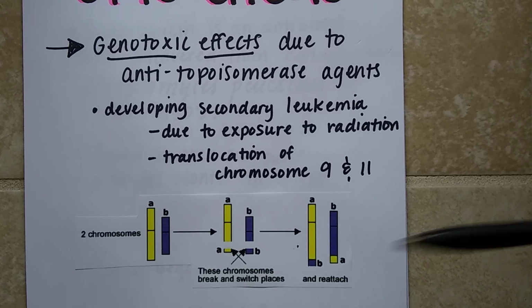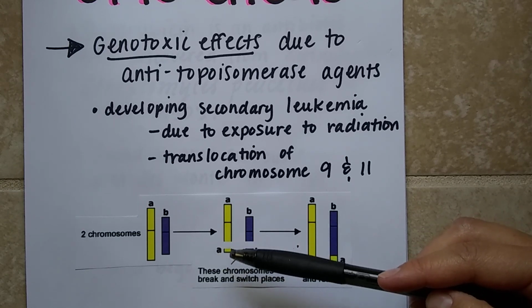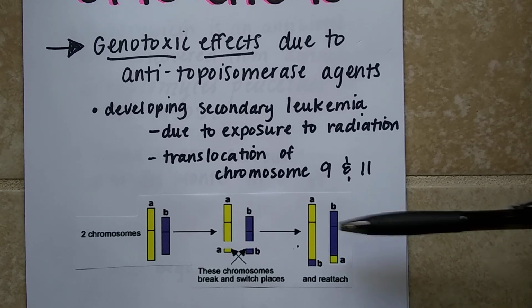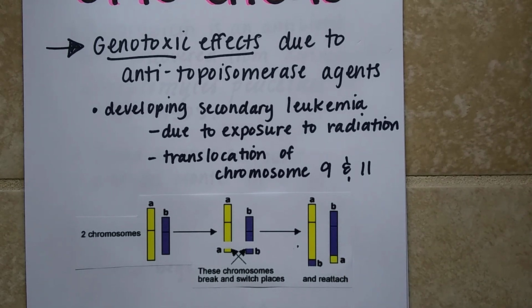So here you can see that this portion of the chromosome A, or chromosome 9, is broken off and attached to this highly transcribed region of chromosome 11 that may contribute to the higher transcription rate of that region.